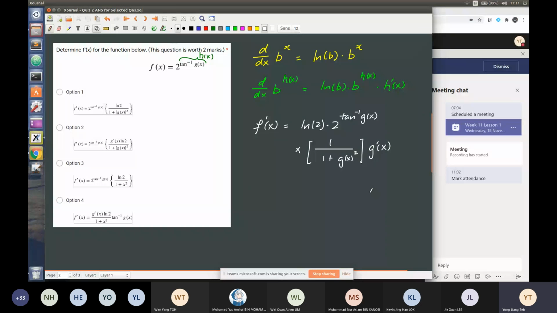So this term is h prime here. I suspect once again that some of you who got this wrong forgot this g prime. That's my guess. So the answer here is option 2.